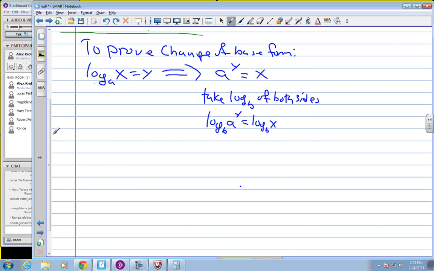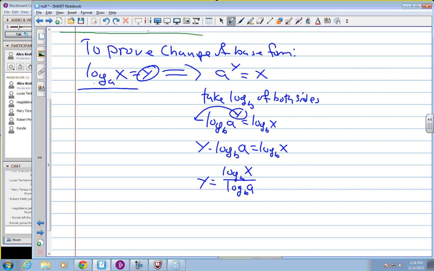Right? Just took log of both sides. Now by the power rule, the exponent comes down. So it becomes y times log base b of a equals log base b of x. And then solving for y, because that's what we're trying to solve for. I want to get y. Y equals log base b of x over log base b of a.